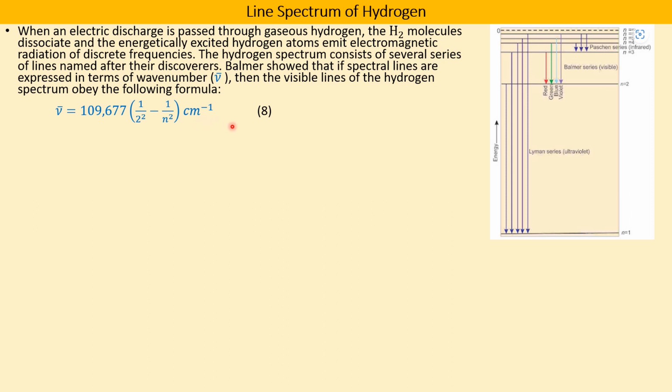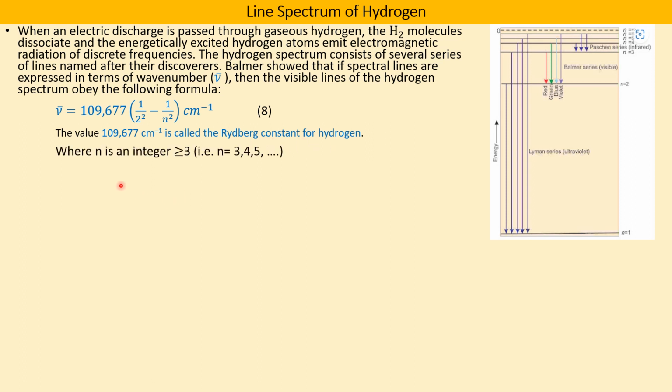Let it be equation 8. The value 109,677 per centimeter is called the Rydberg constant for hydrogen, where n is an integer. Here in equation 8, n is an integer whose value is greater than or equal to 3, that is, n equals 3, 4, 5, etc.